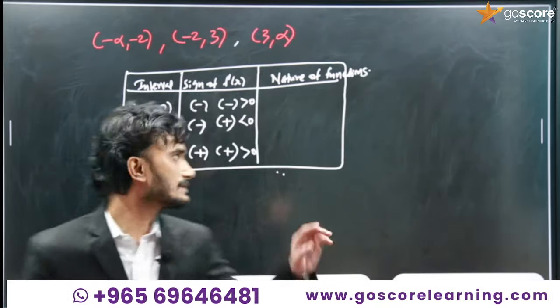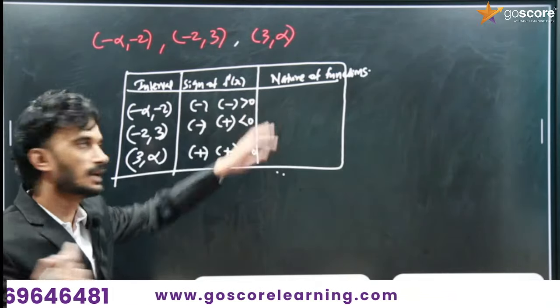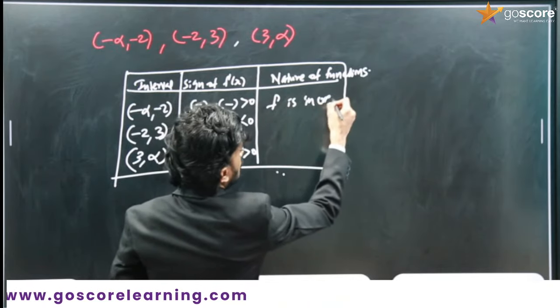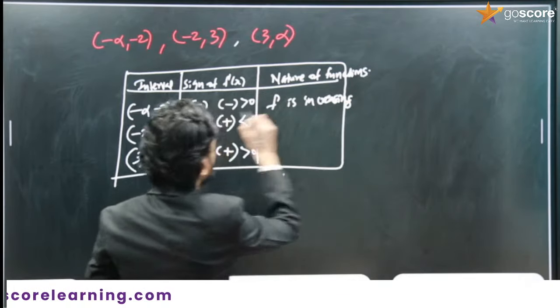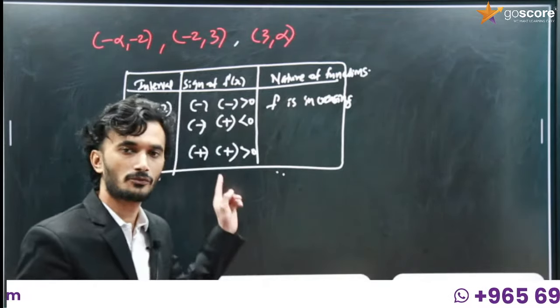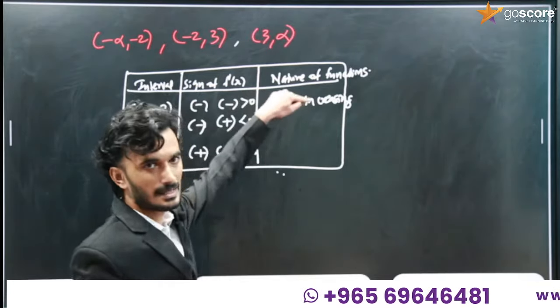That means in the first interval f dash of x is greater than 0. What will the function be? The function is increasing. Here both are negative, same signs, so f dash of x is greater than 0, so the function is increasing.